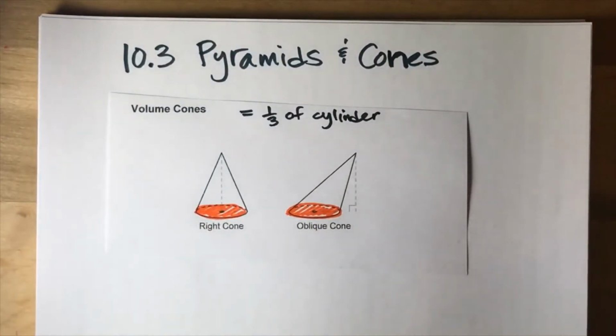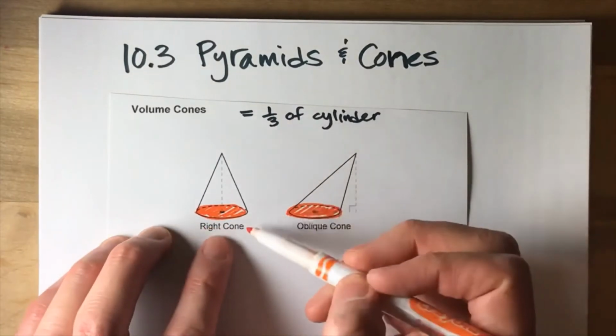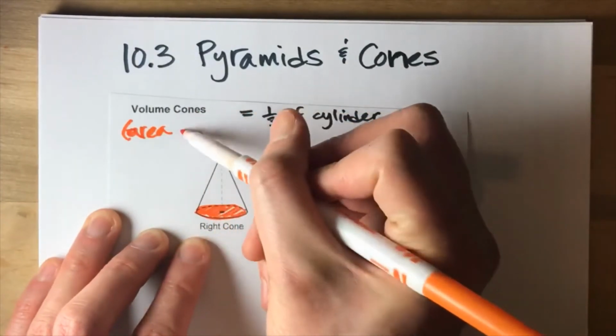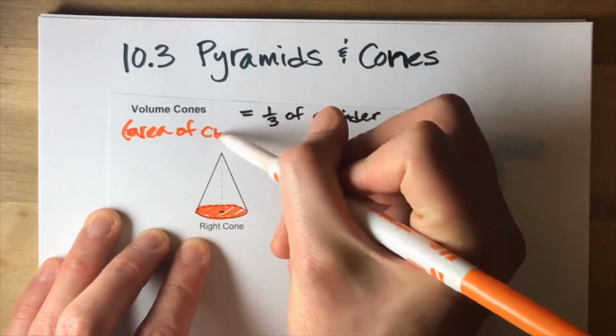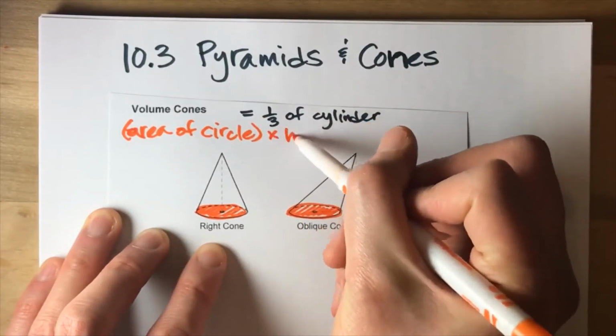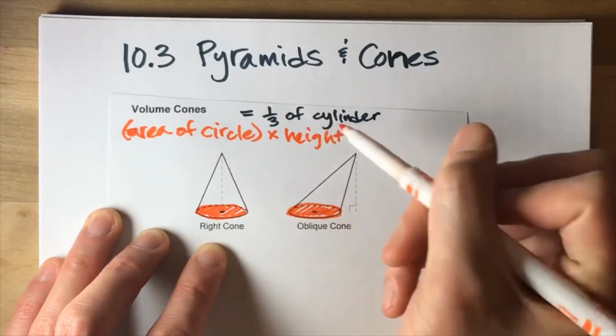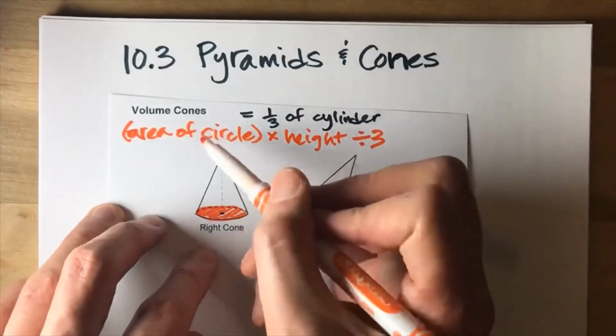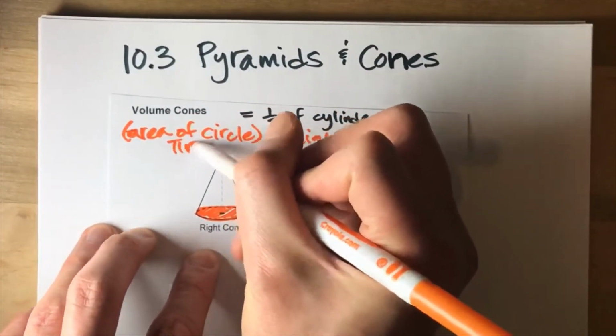So if you want to find the volume of a cone, pretend that it's a cylinder and then divide it by 3. The formula would be area of the circle base times the height and then divide by 3. Now don't forget the area of a circle is just pi r squared.